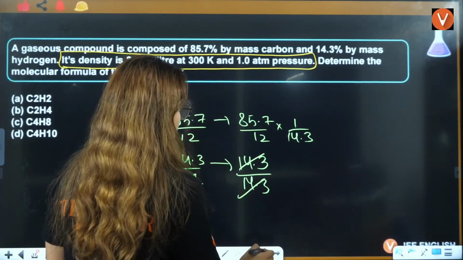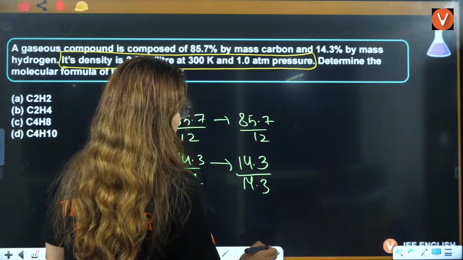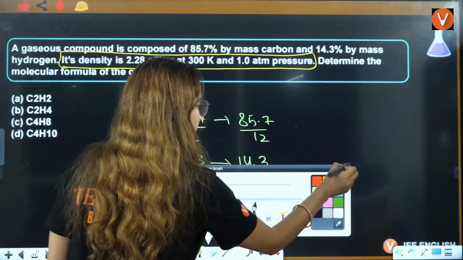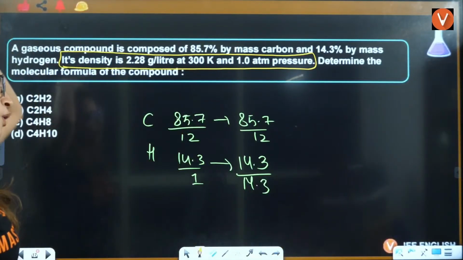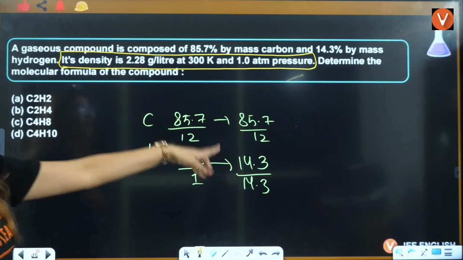Wait a minute, that is 1/12. Maybe that will be the smaller number. 85.7 divided by 12 will be smaller than 14/3.